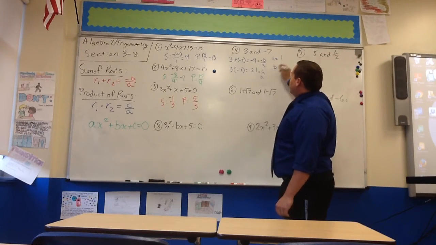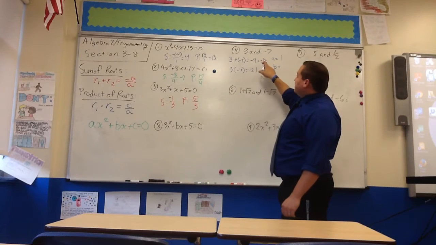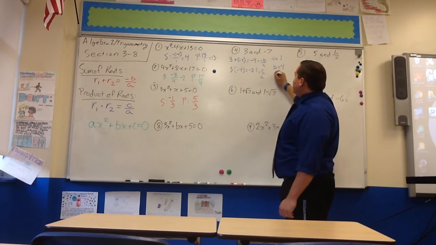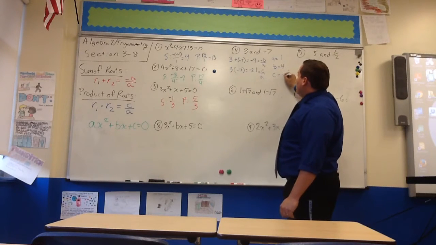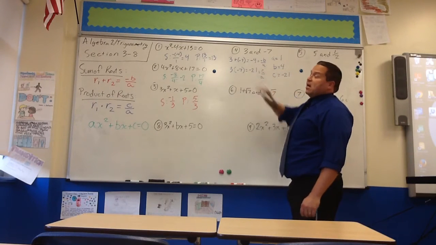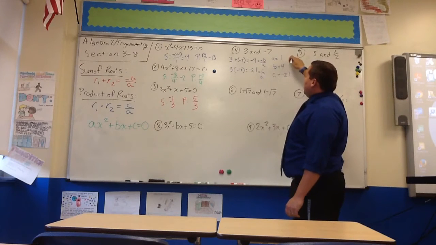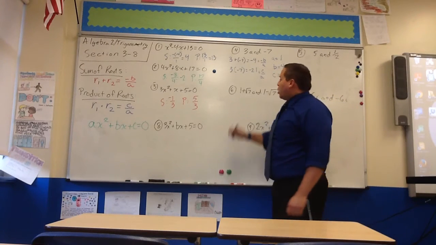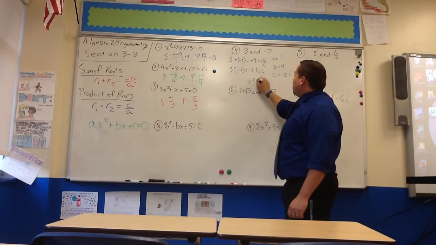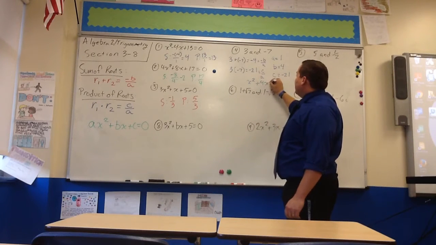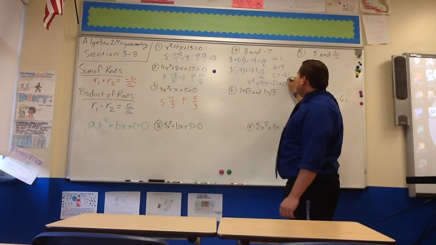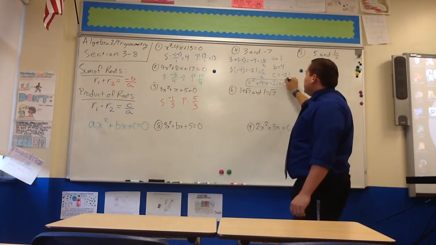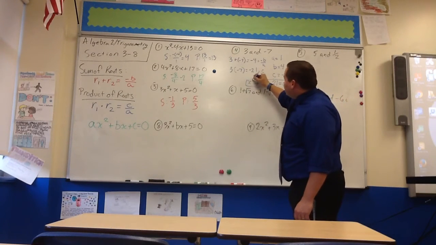The b value, since it's a negation of b, I wouldn't use negative 4, I would use positive 4. And the c would be negative 21. A is 1, B is 4, C is negative 21. So the quadratic equation would be x squared plus 4x minus 21 equals 0. Always ending with that equals 0.